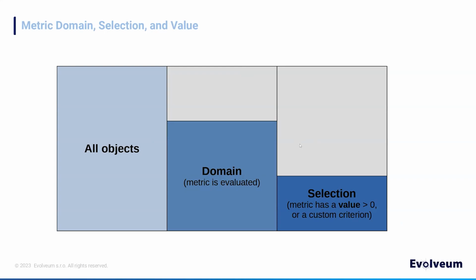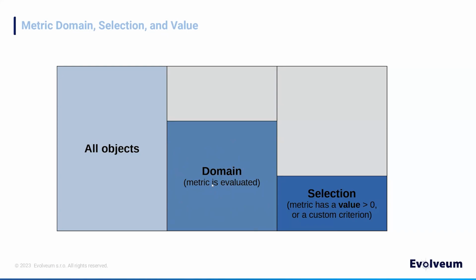For example, the object edit metric is generally applicable to everything, whereas the entitlements changed metric is specific to shadows, not to focus objects. And the set of objects relevant to a given metric is called the domain of the metric, just like in mathematics. So the domain of a metric is the set of objects on which it makes sense to evaluate the metric.